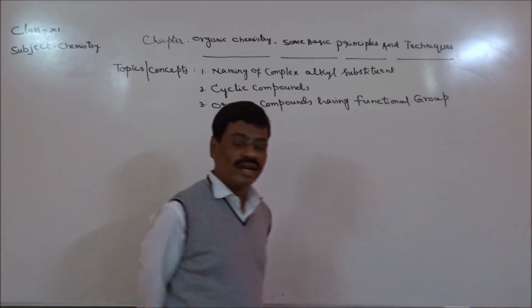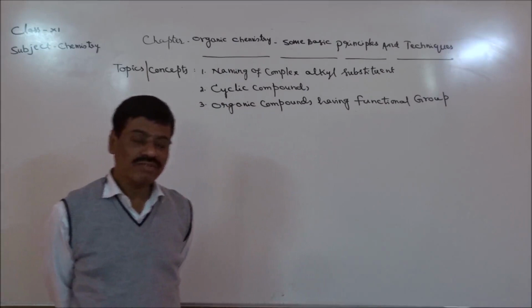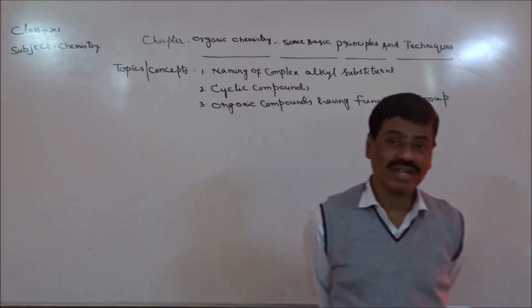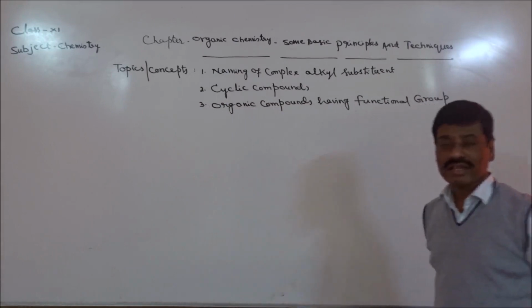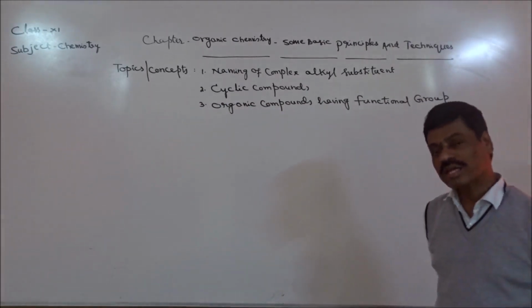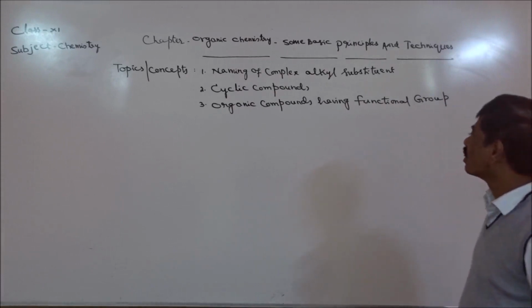So any one of the hydrogen atoms connected to any carbon atom of that long chain can be removed, and that place can be taken by an alkyl group. Right?